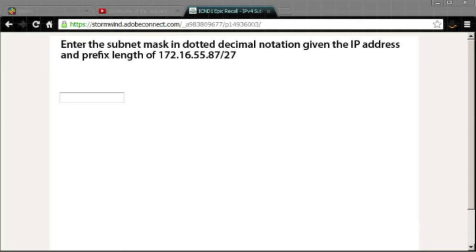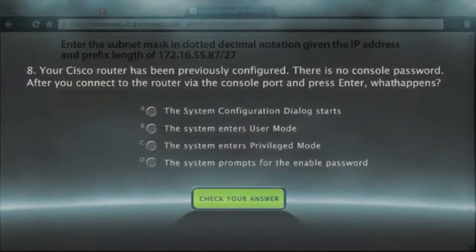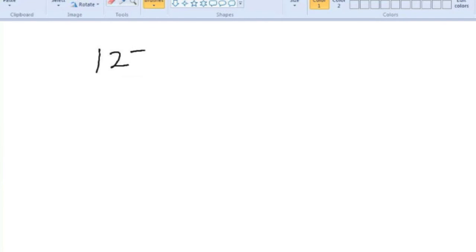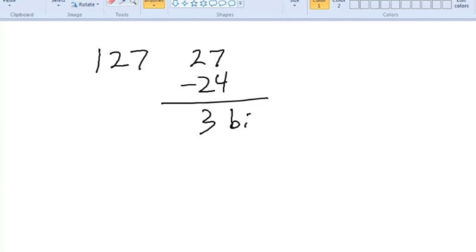What do we do? Well, we just look at that /27 and figure out how many bits we borrowed. /27, its default is a 24, so 27 minus 24 is 3.